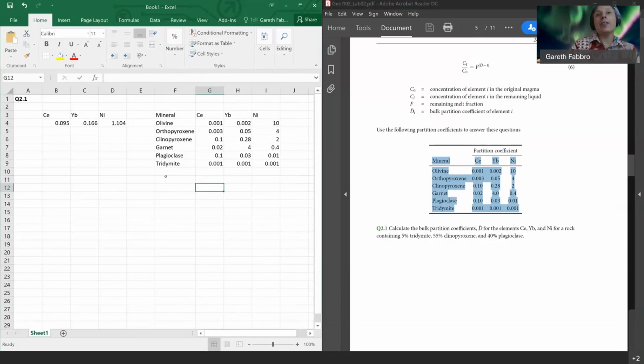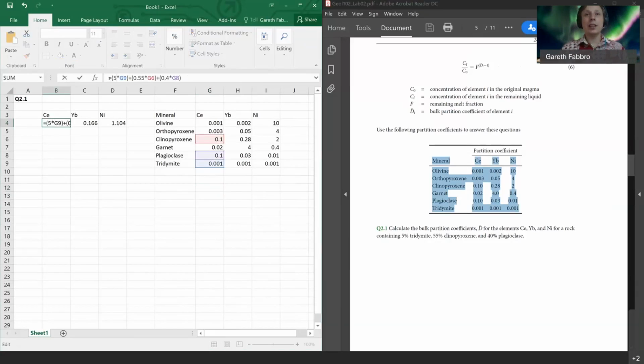I mean, if I had forgotten to change this to proportions, I'm going to say 5 times G9, 55 for the 55% clinopyroxene, so I'd look at that 9.5.